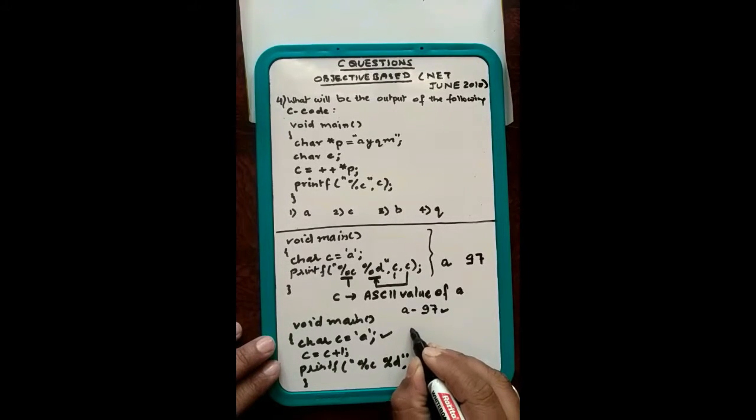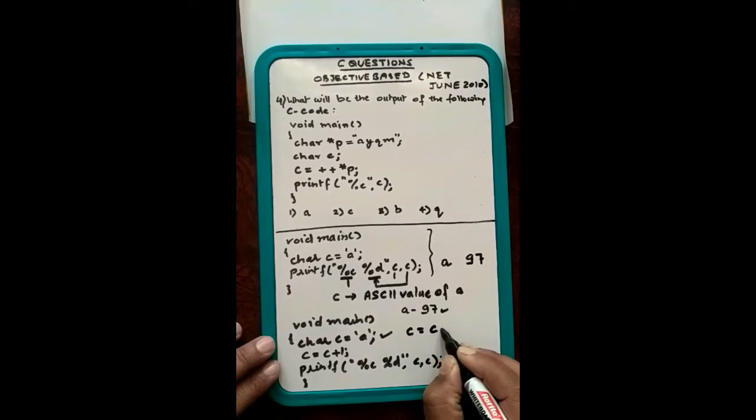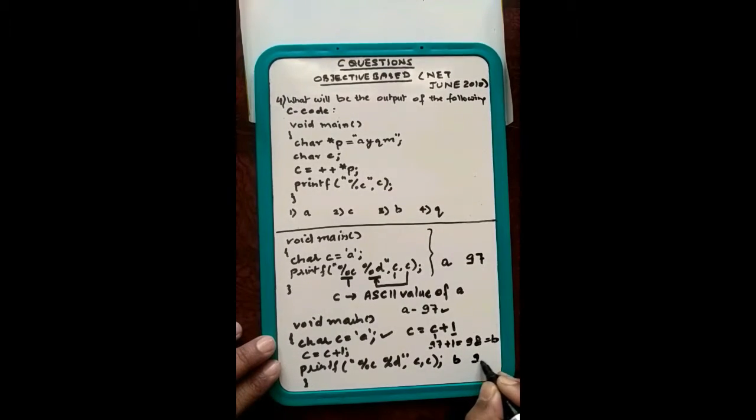That is, the ASCII value stored in c is 97, and it will be increased by 1, and in c we will get the value 98, which is the ASCII value of small b. When we write printf percentage c percentage d, c comma c, the output of the first c will be simply b, and the other output of c will be 98.